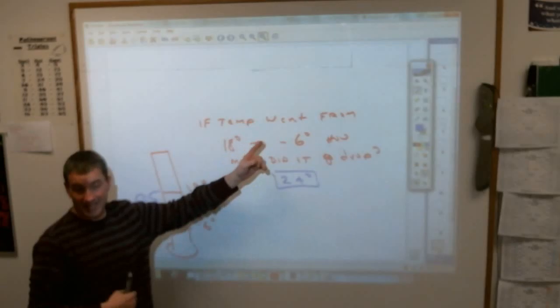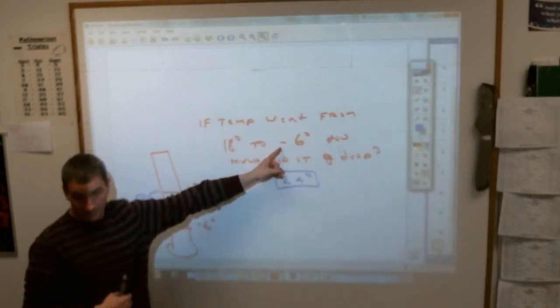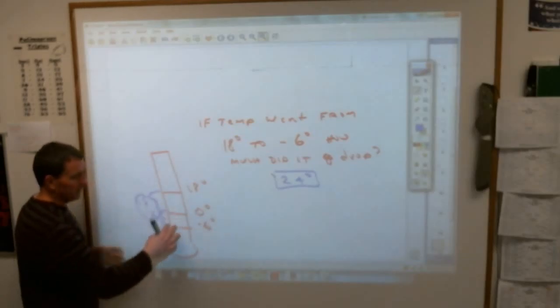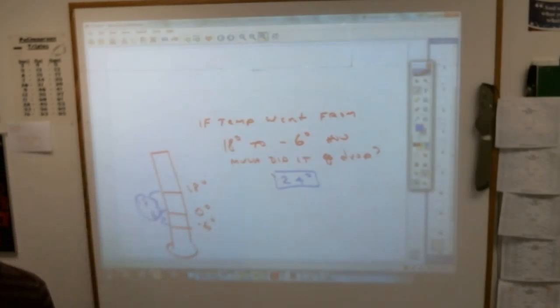I really have to add them together, 18 plus 6, to get the change. So you have to start thinking in positives and negatives, and it'd be wise to draw a little thermometer to do it.